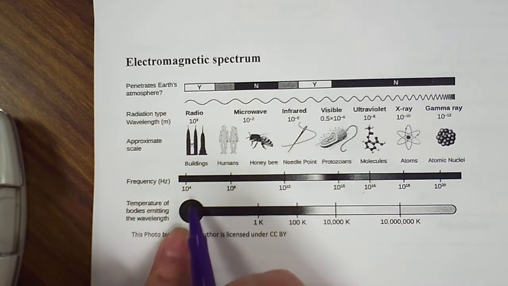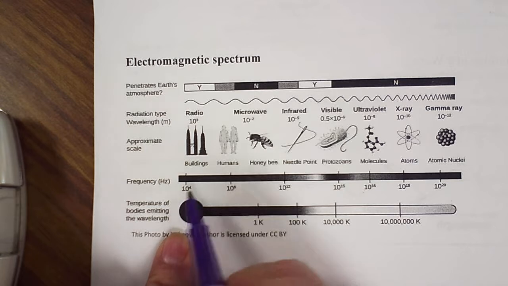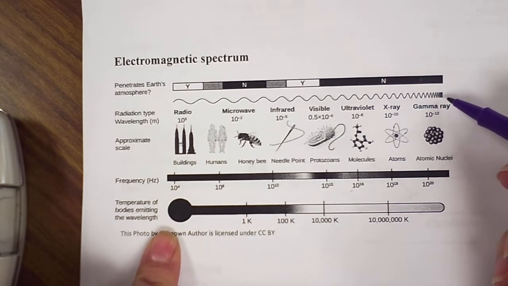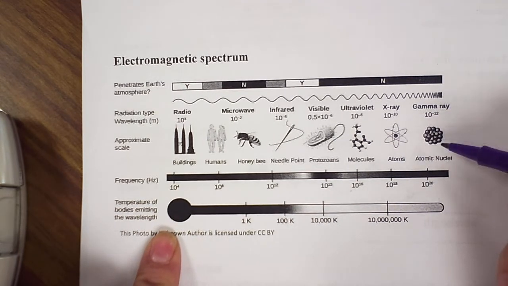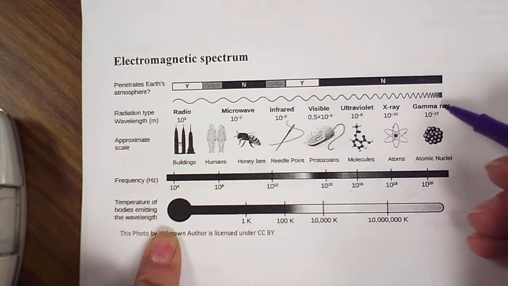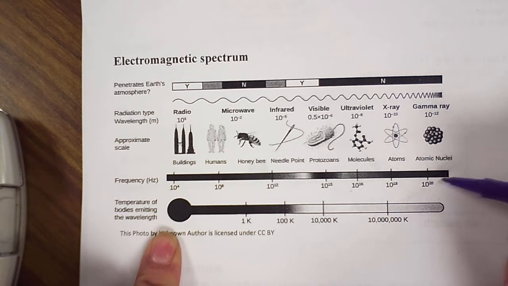And gamma rays have a very short wavelength and a very high frequency, 10 to the 20th.